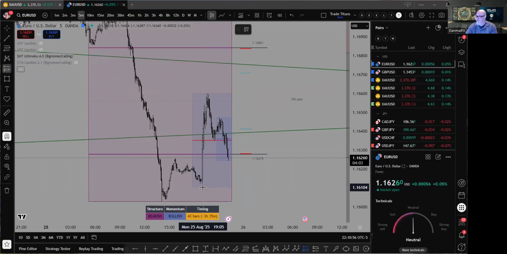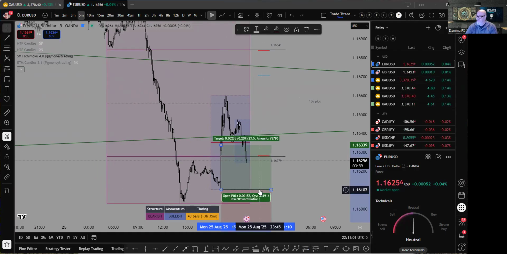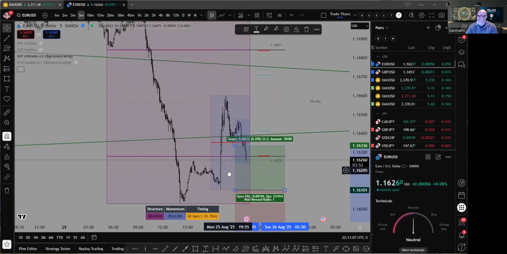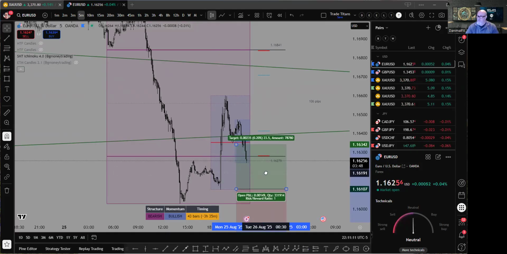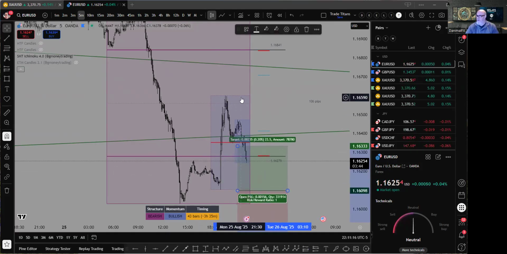So if we get a lower low here, then we might look for price to rebound, or it might rebound and go the other direction. But once we get past this, it's going to change the dynamics of these boxes.